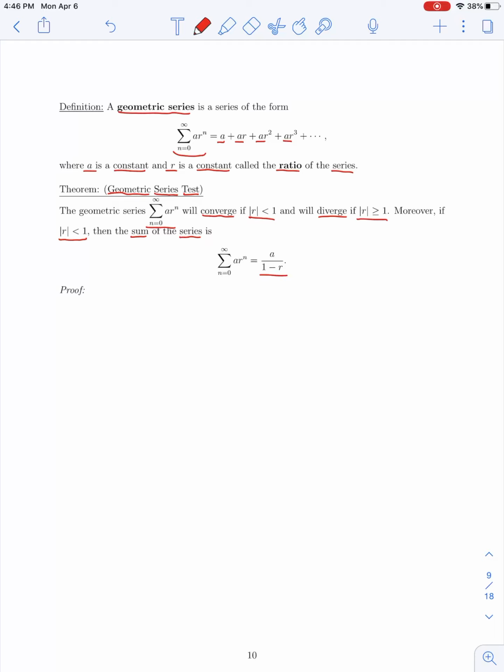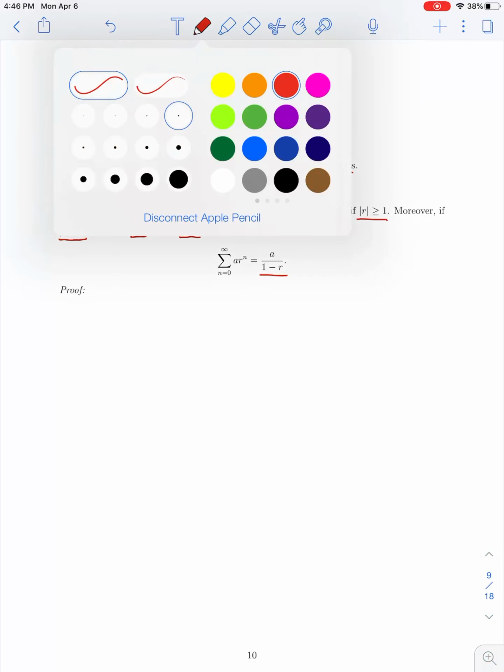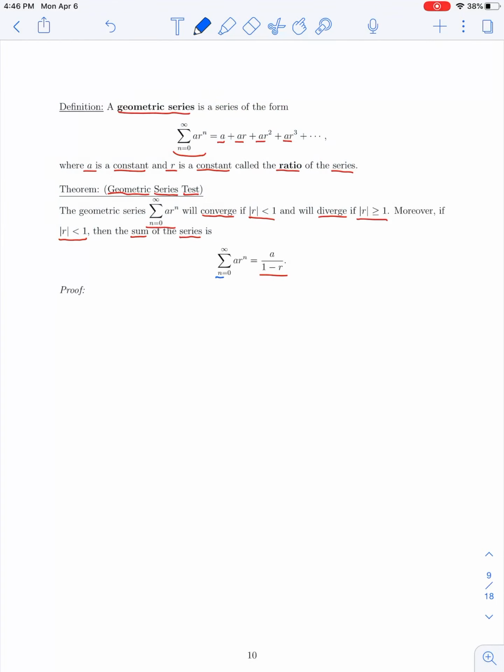Now, one thing that we have to be a little bit careful of when we consider some examples later in this section is that this formula for the sum, a over 1 minus r, is only valid in the case that we express our geometric series in this exact form, where n starts at 0 and then moves outward to infinity.